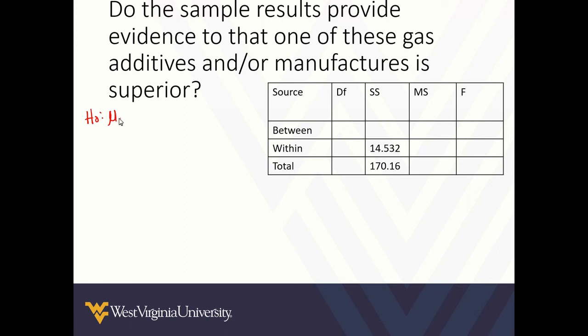Our null hypothesis would assume that each of these treatments have the same average gas mileage. Our alternative hypothesis would say at least one mu i does not equal the others.